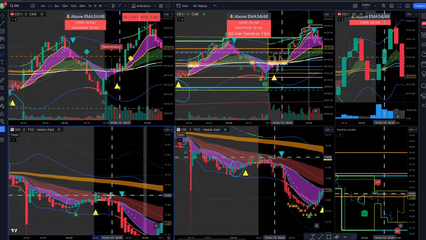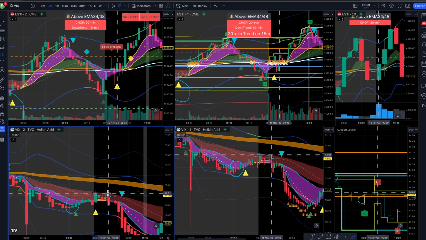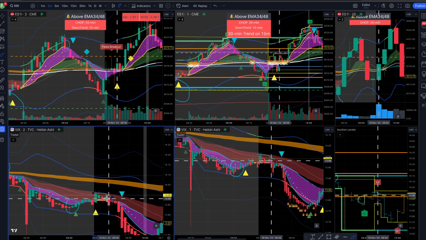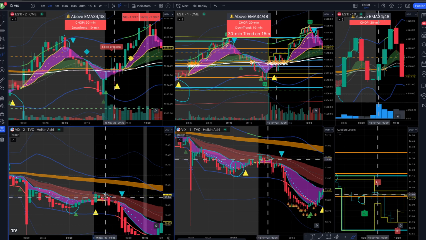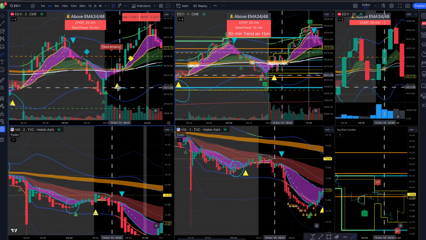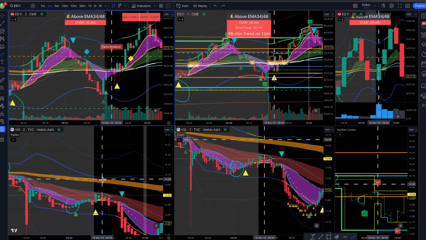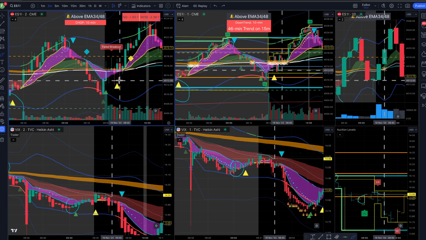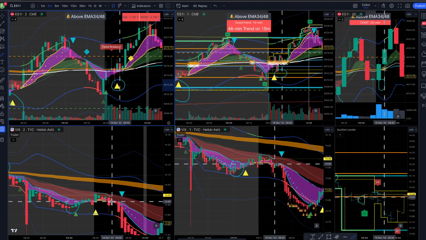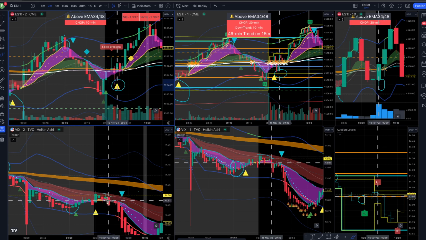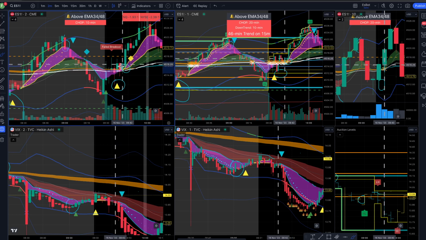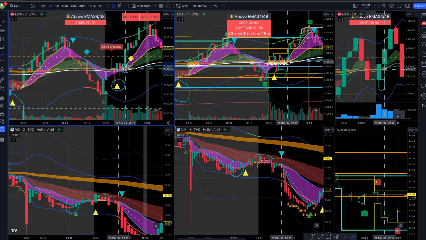I don't have a blue triangle yet, but if this goes down, I'm expecting a yellow triangle on the ES to show up, because it's respecting that. Now we get a yellow triangle, we can see further down movement in VIX, and then we see the danger zone forming with a yellow outline.